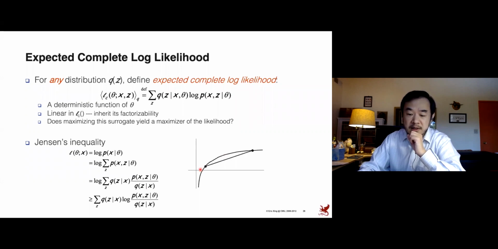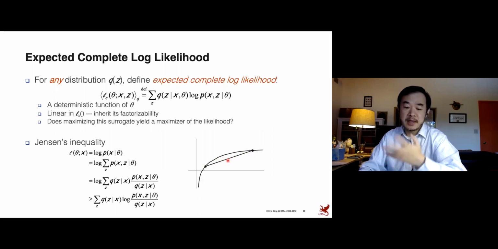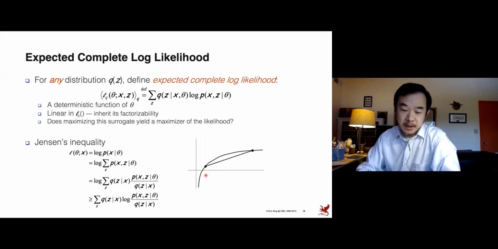That convex combination always lies between the extreme points of the convex set. In this case, the line connecting these two extreme points is always below this log curve, because log is a concave function, therefore the curve is always above that. So this is a proof by visualization.